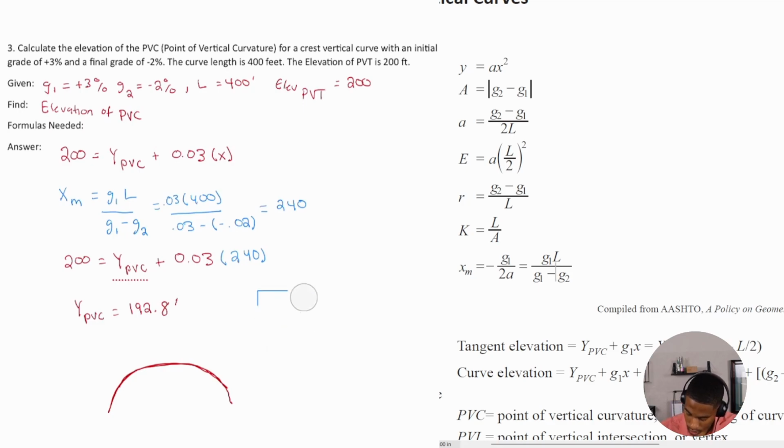Let's erase this. All right, so it's like a happy face. But yeah, basically it's just saying that the initial point is lower than the tangent.